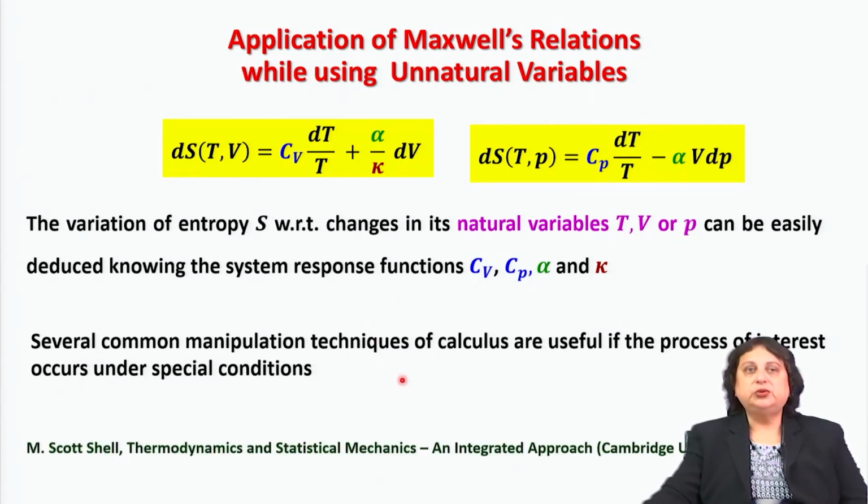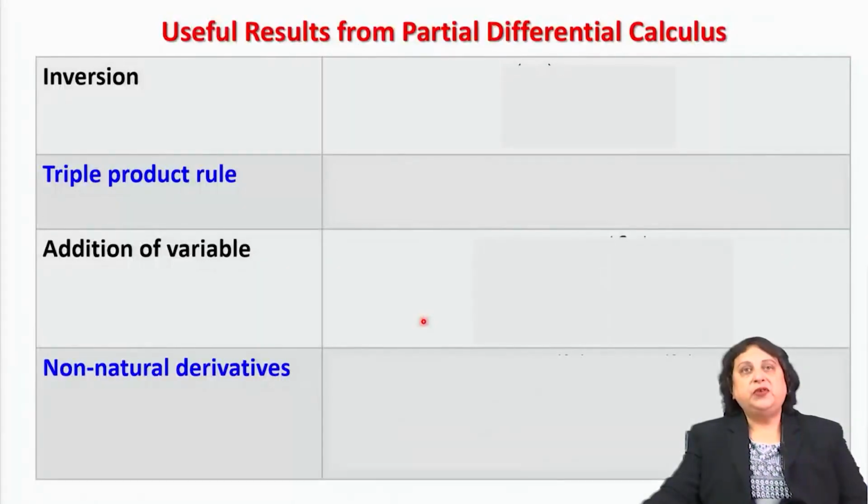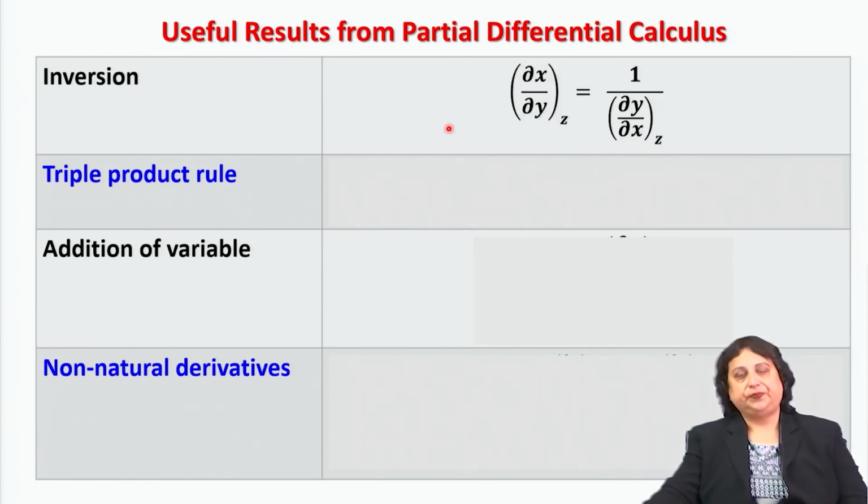and I am going to use a discussion from this very nice advanced textbook of thermodynamics, which if you are interested you can look up, and let me give you a table which gives some useful results from partial differential calculus. The first property is known as the inversion property of partial differential calculus, and it is as follows.